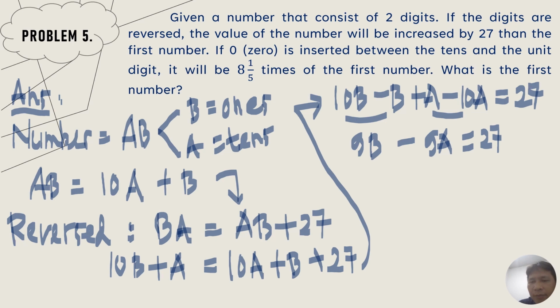Then make it simpler, divided by 9, so this is B minus A equals 3. And here we have B equals A plus 3.